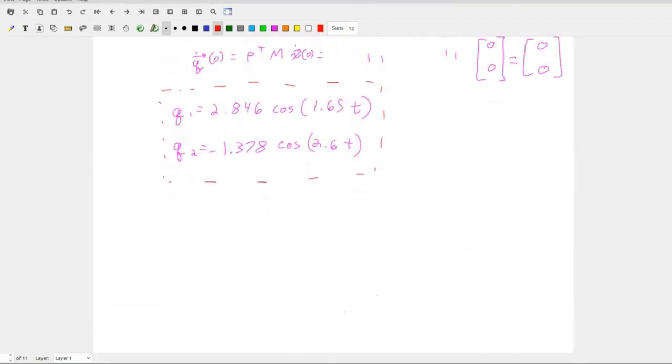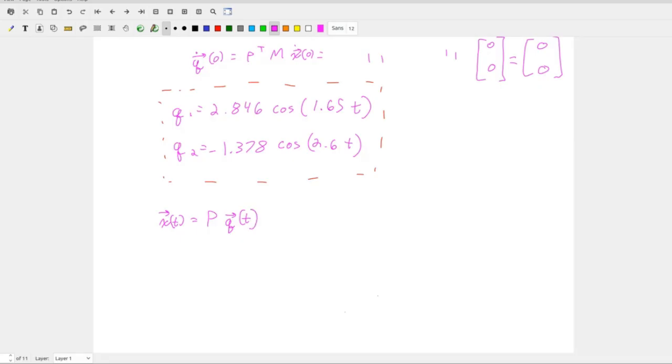But that gives us our response in modal space. We want our response in the physical space. Well, then we have to use P, right? So we have the solution which we've given before, x of t, and that's a vector, is equal to our modal matrix P times our q vector of t.